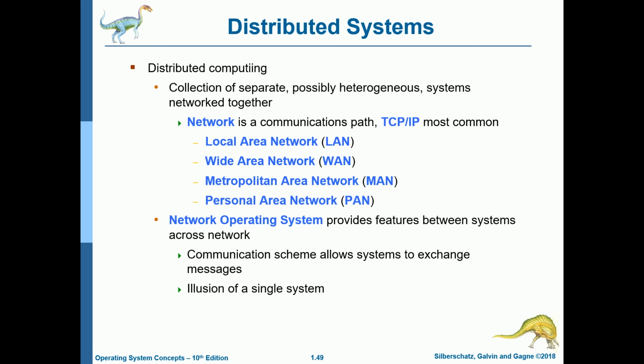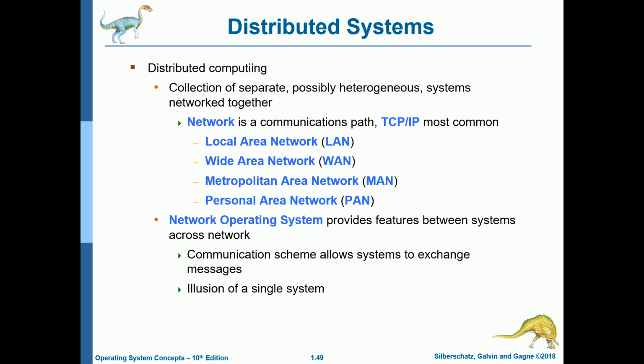Computers can become even more complicated than what we have just described, because we can also have what's called a distributed system. This is a collection of separate, but also possibly, but not necessarily, heterogeneous systems all networked together. We use a network to communicate with these different systems using a protocol called TCP/IP.